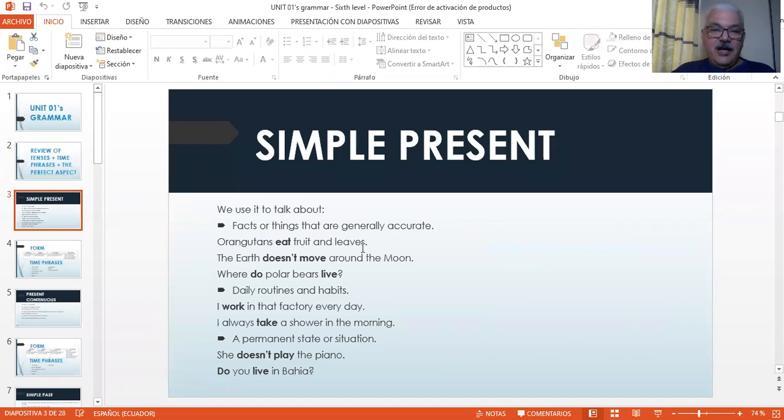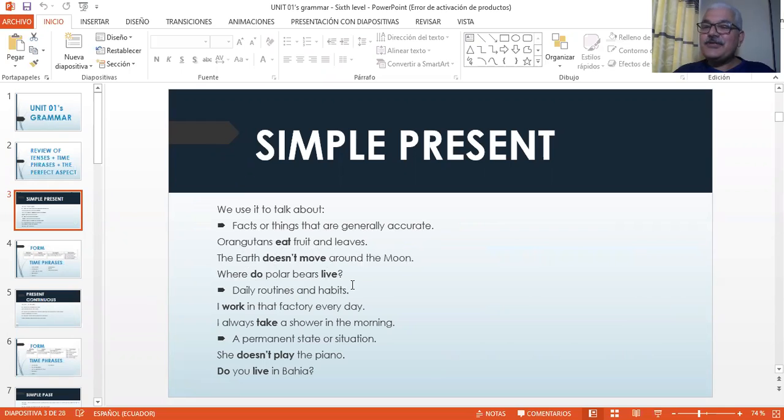That is, for facts or things that are generally accurate, that are always true, we say orangutans eat fruit and leaves. The earth doesn't move around the moon. The earth moves around the sun. Where do polar bears live?